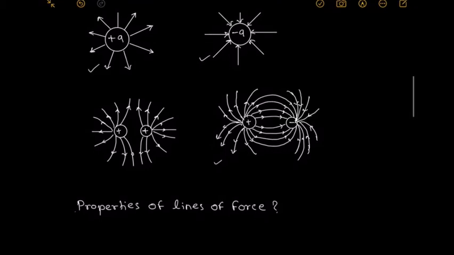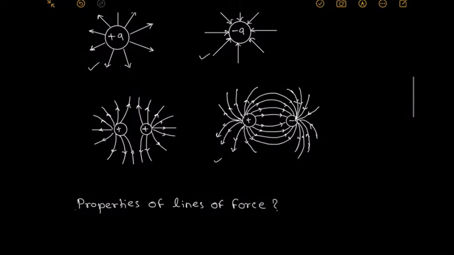The lines of force do not pass through the conductor because the electric field inside the charged conductor is zero, and due to that reason the lines of force do not pass through the conductor, but they must pass through the insulator, since the electric field inside the insulator is not zero.